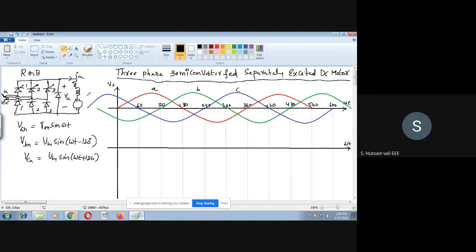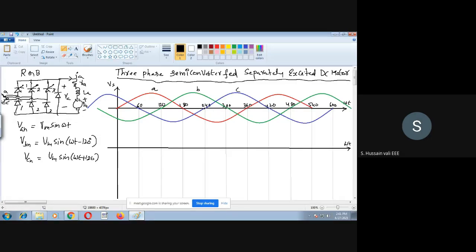So there's a three-phase semiconverter. As you have a three-phase semiconverter, out of six switches, three switches are thyristors and the remaining three switches are diodes. I have given the numbering also. Then you have a freewheeling diode here. Then the output voltage is going to RA, LA, and the EMF here is EB.